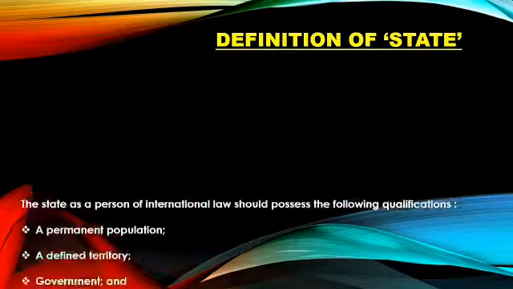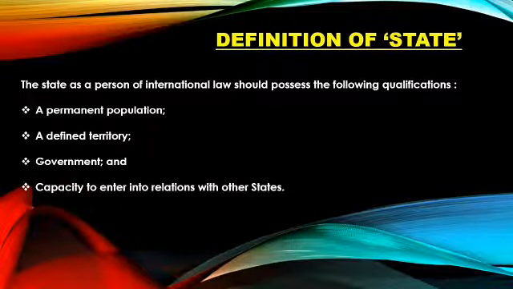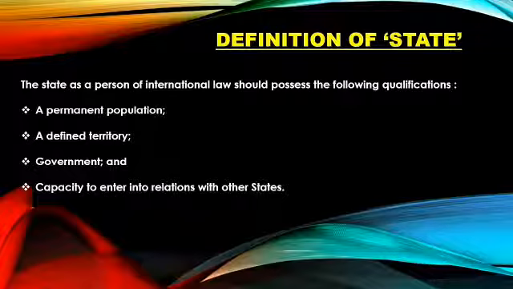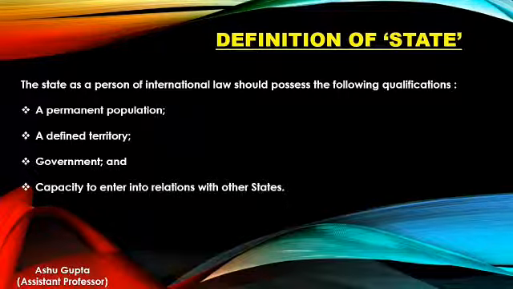The first one is a permanent population. The second one is a defined territory. The third one is a government, and the last one is the capacity to enter into relations with other states.